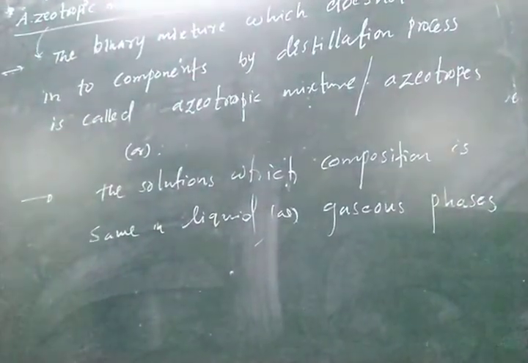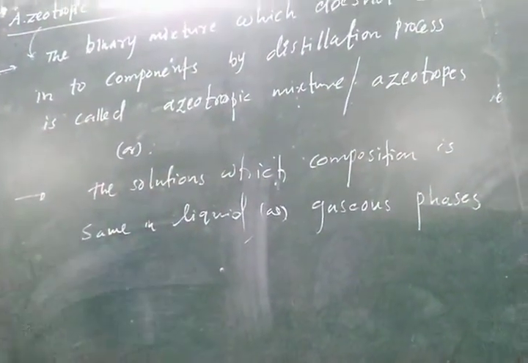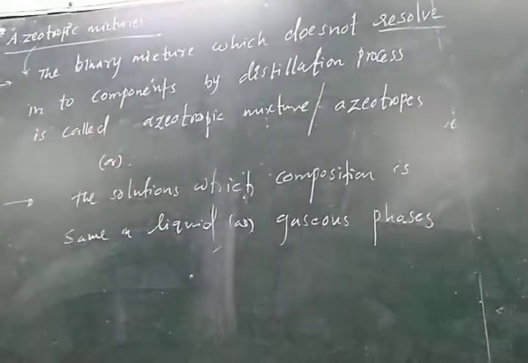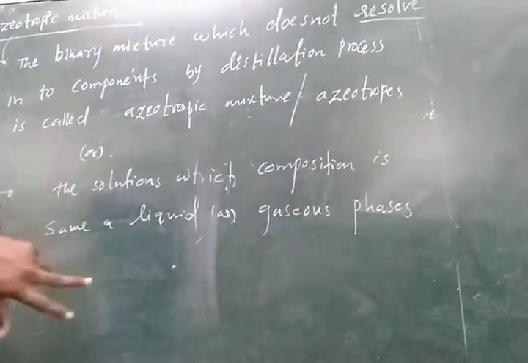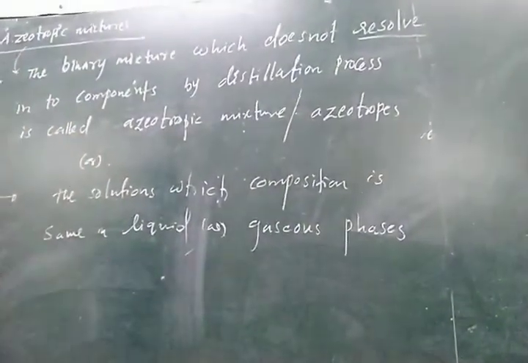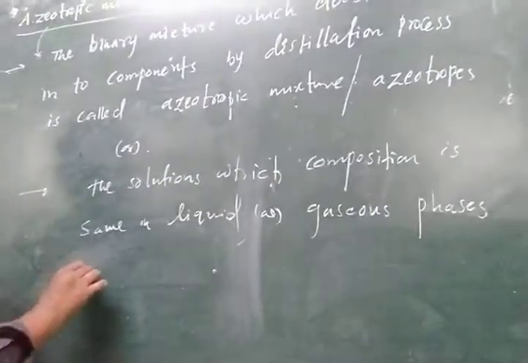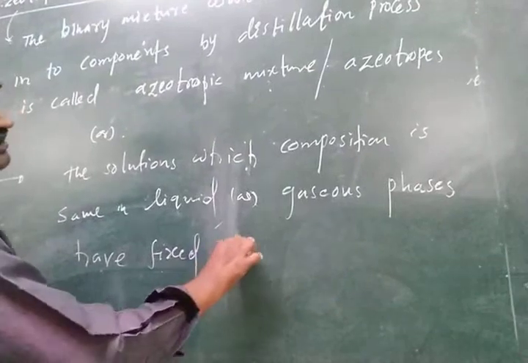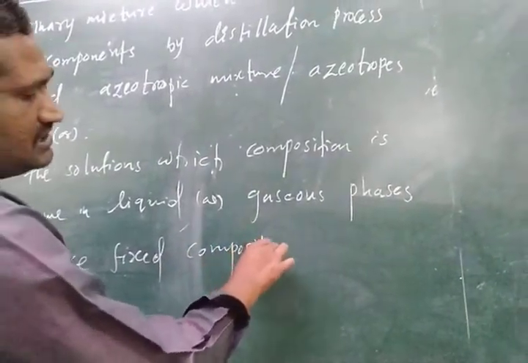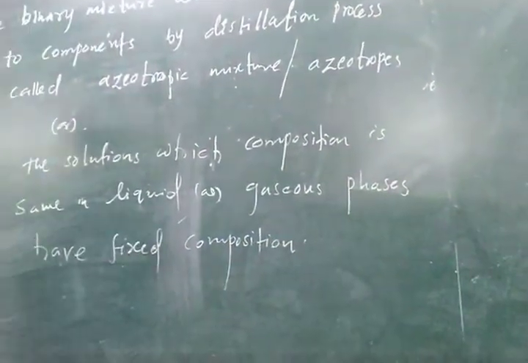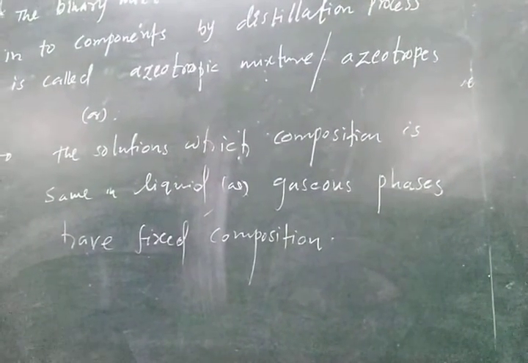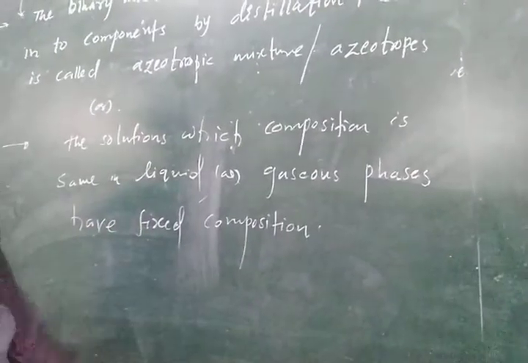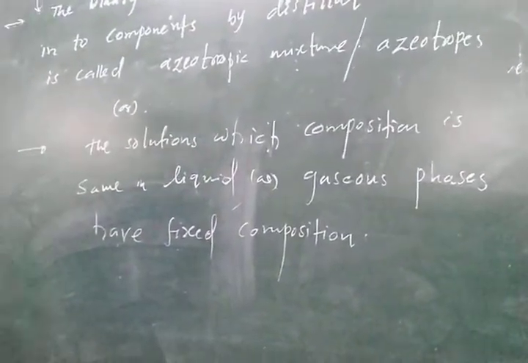After mixing two liquids, in the liquid state they have a certain composition, and after heating, upon distillation, in the gaseous phase they also have the same fixed composition. So upon distillation, these components will not split, that means they will not separate. They have a particular composition.